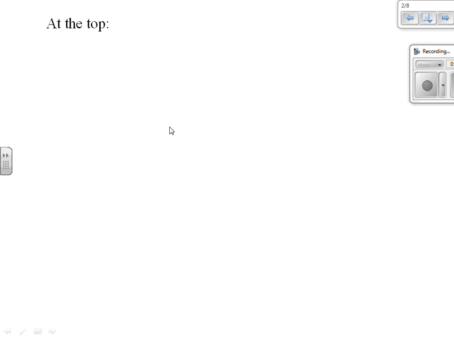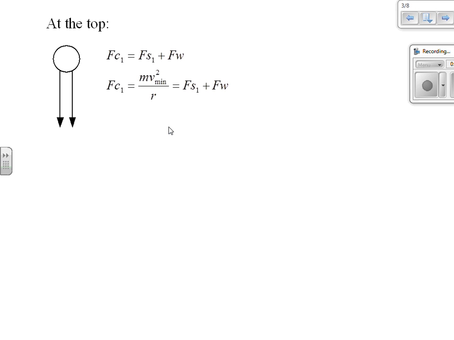At the top, the centripetal force is string force 1 plus the weight force, right? And they're both in the same direction. So is the string pulling the rubber stopper down at the top? Actually, the answer depends.